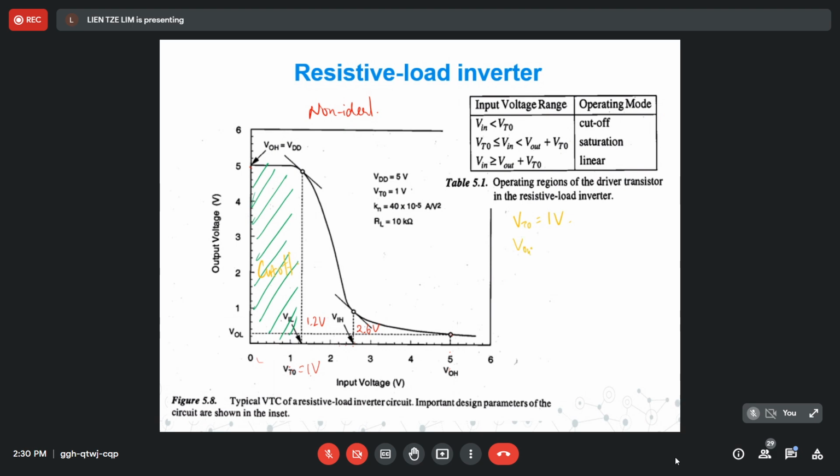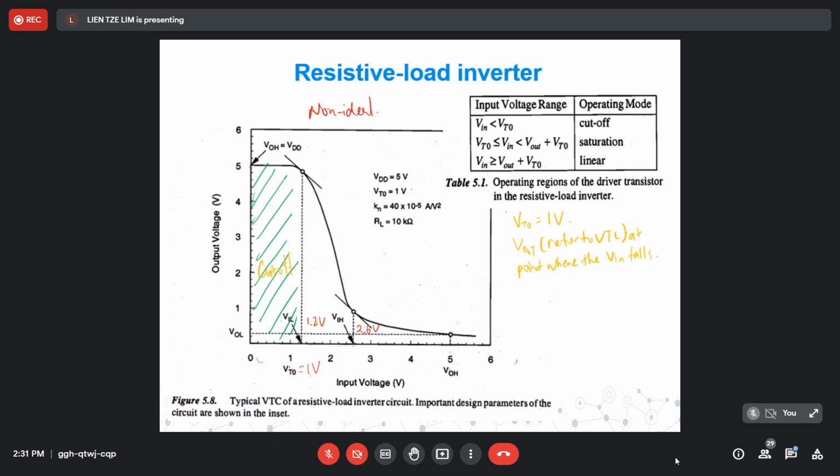V out here depends on the point; let's refer to the VTC at the point where V in falls.